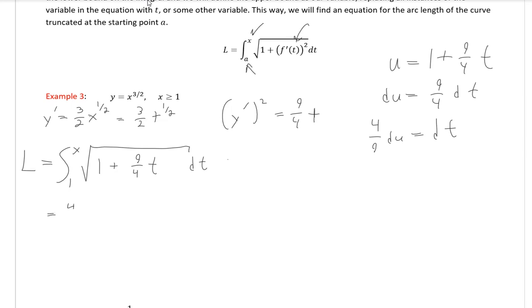So 4/9 square root of u du. If we plug in our bounds, if we plug in 1, we get 1 plus 9/4, which is 13/4. And then for x, we get 1 plus 9/4 x.